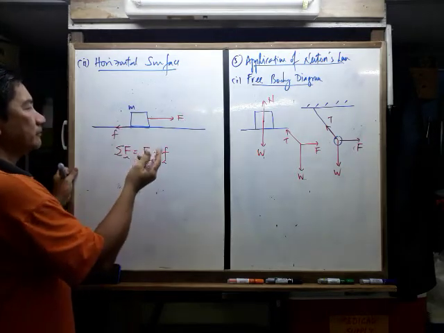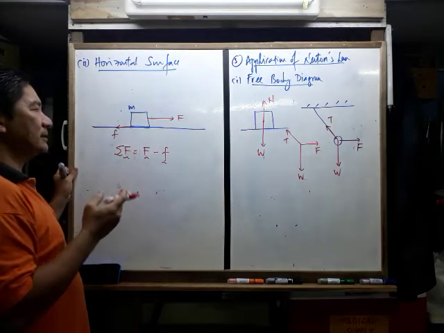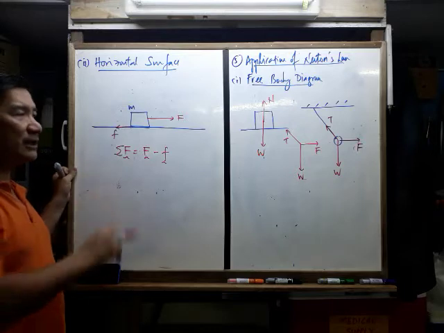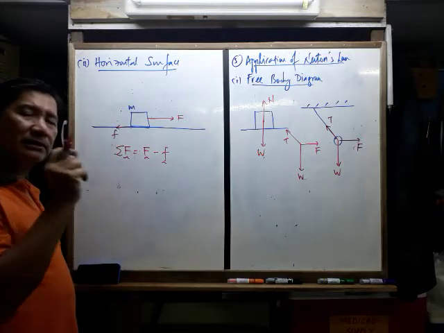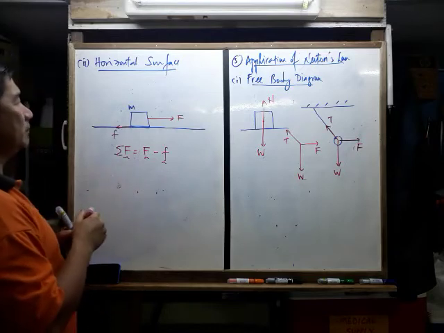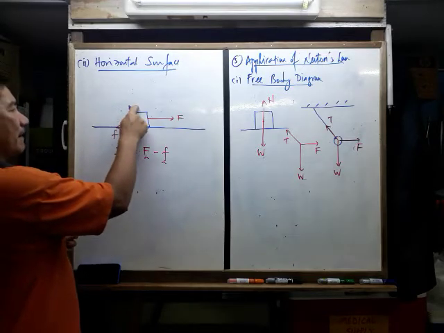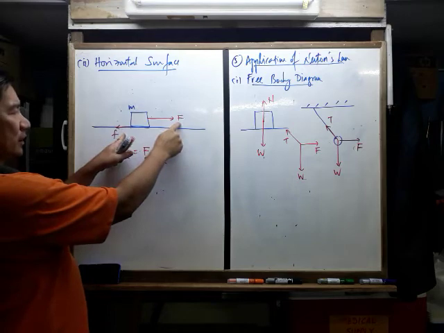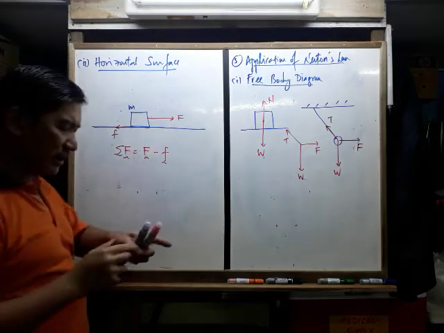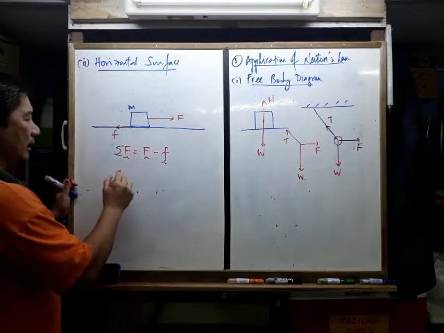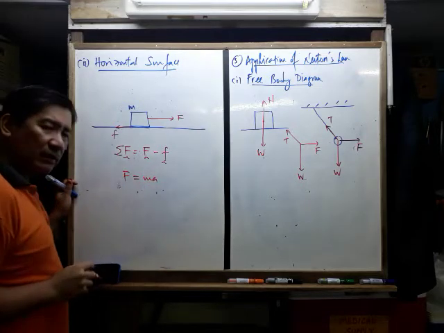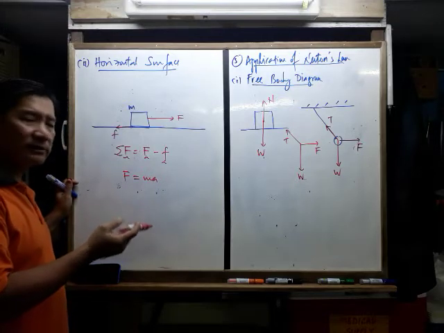Now, a situation like this allows us to calculate the acceleration of the object by using the outcome from Newton's second law. For example, if I give you the mass m and these 2 forces, and then I ask you to calculate the acceleration, then you can use this equation: force is equal to ma, the outcome from the special case of Newton's second law.